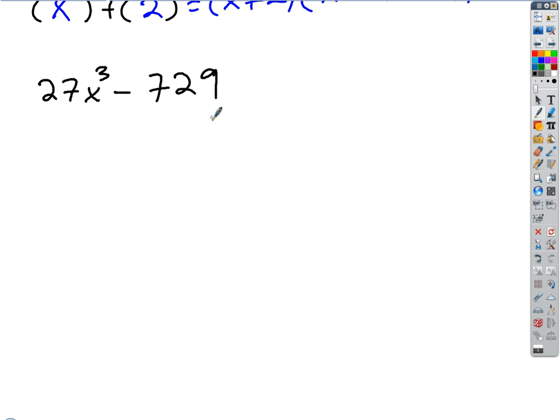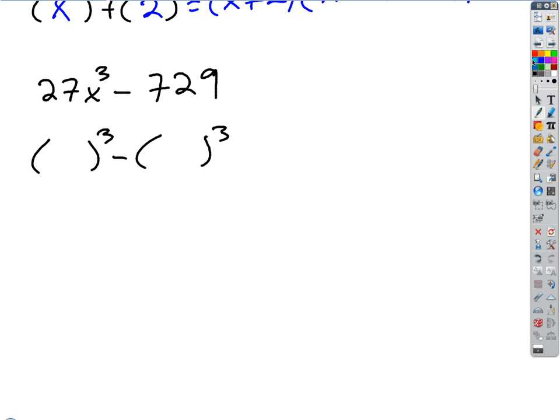Right now, I just want to know, is there potential for this to fit any pattern? Which one? Difference of cubes, right? Difference of cubes is the only possibility. Everybody see why? That's an easy question. Because I have an x cubed minus something, right? So the only one this could potentially fit is a difference of cubes. So the question is, can we write this as something cubed minus something cubed?